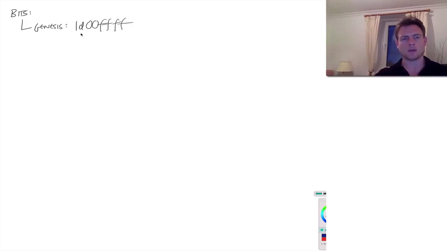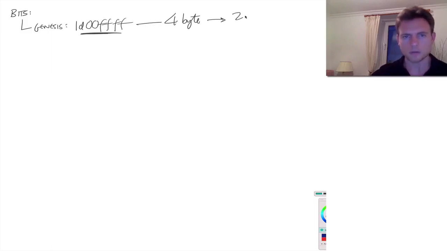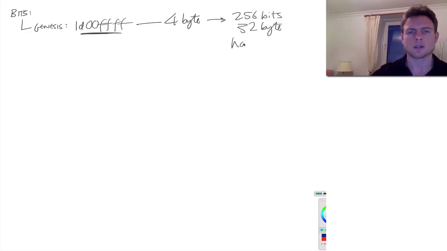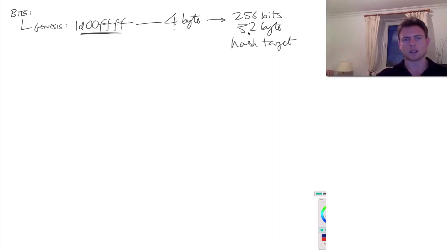How do you convert this, which is basically a 4-byte number represented in hex, into a 256-bit or 32-byte hash target? The first thing you're probably thinking is that, unless there's some truncation involved, I can't represent a 32-byte number in 4 bytes, and that's absolutely correct.